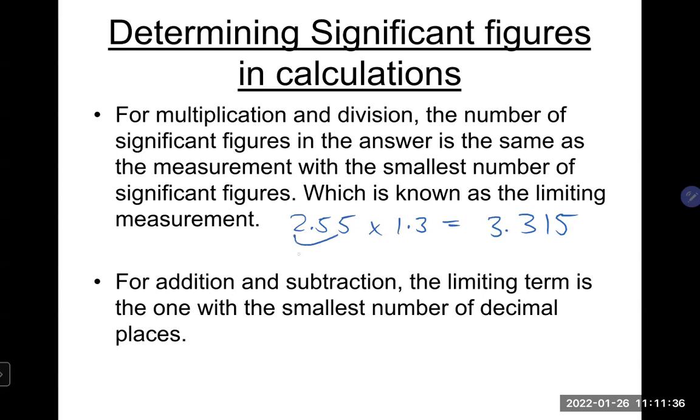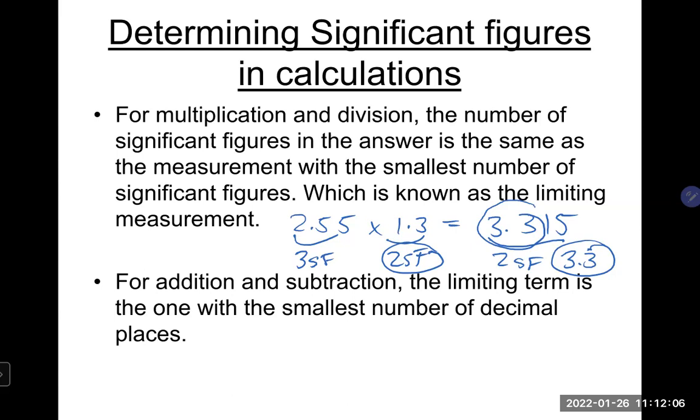This one has 3 significant figures. This one has 2 significant figures, which means my answer here should end up with 2 significant figures, the same as the smallest number, which means I would give an answer of 3.3. Question on that there? Same thing with dividing. Again, least number of significant figures is what you should go with.